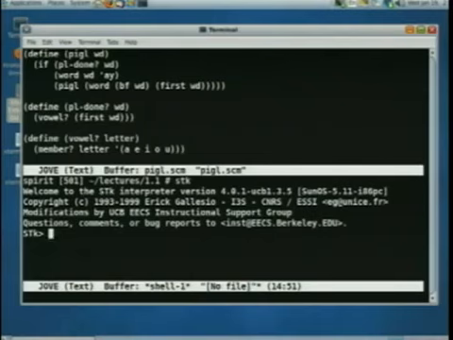His question is, can I write my own little reader that lets you leave out the apostrophe? You don't want to, because sometimes you really do want to know what's the value of this as a symbol, or what's the value of this procedure call. So it's not just a stupid syntactic distinction. It's the difference between program and data, basically. And it really matters. So I wouldn't think that way if I were you.